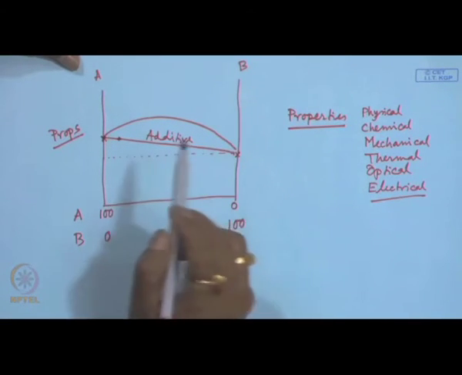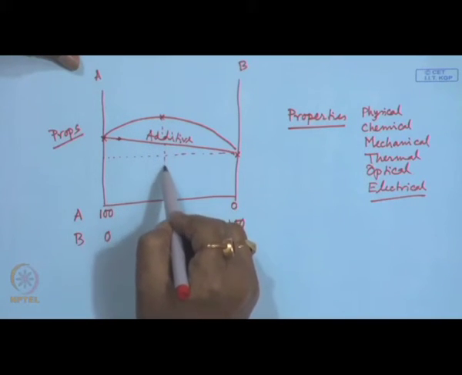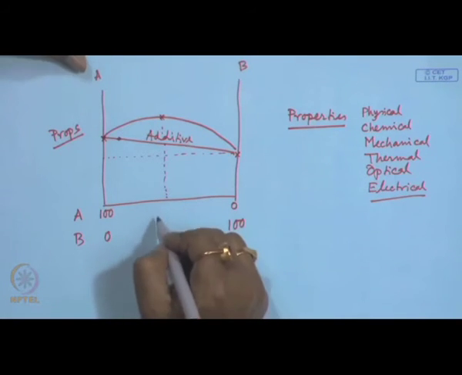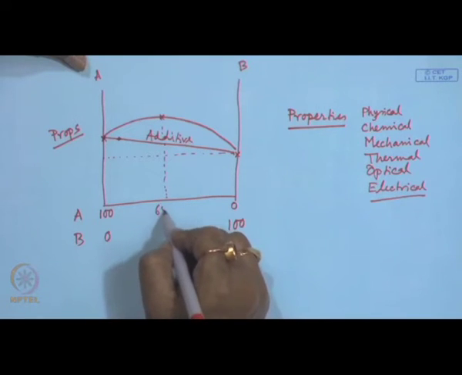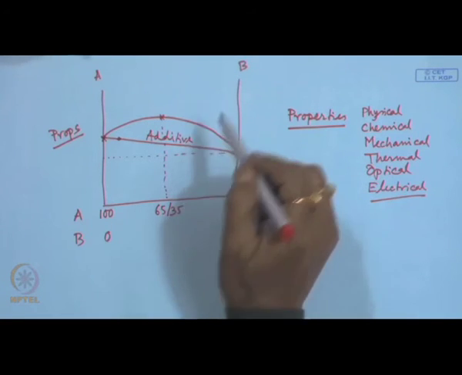That means, there can be some composition, say here it is. So, here it is, suppose say 65-35, for example, 65-35.